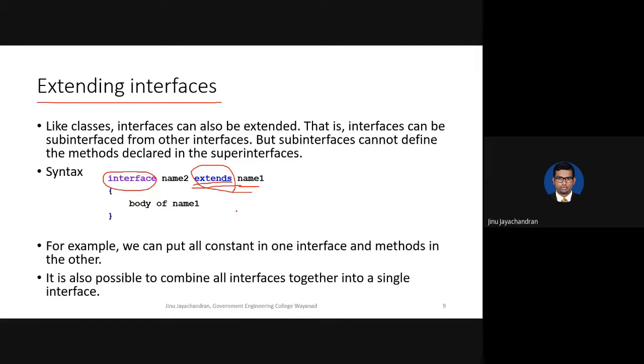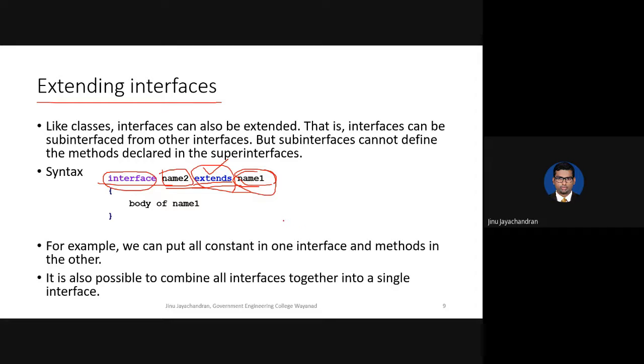For an interface also, if you want to inherit interface name 2 from another interface name 1, you say interface name 2 extends name 1, where extends is a keyword. This is how you extend an interface. In classes, we say it is inheritance.